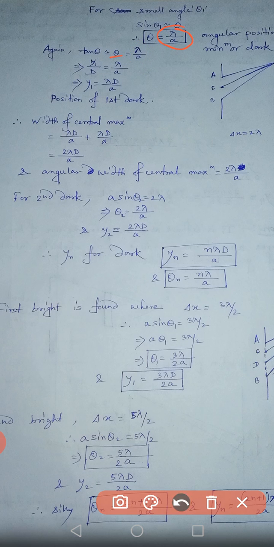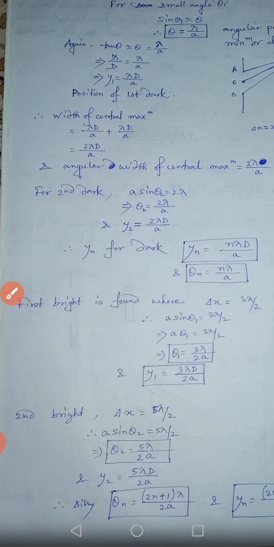Then tan theta 1, see from the figure, if this dotted line and this one form a triangle, tan theta 1 means perpendicular by base, right? So perpendicular is y1, for the first order, I mean for the first arc.